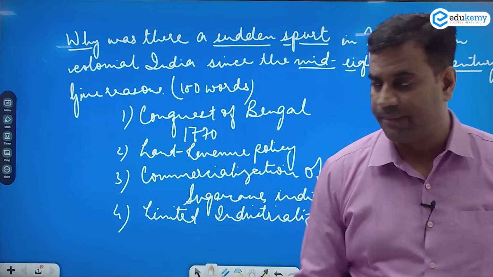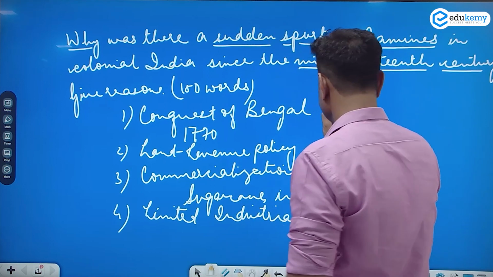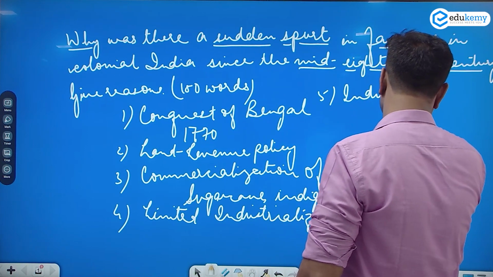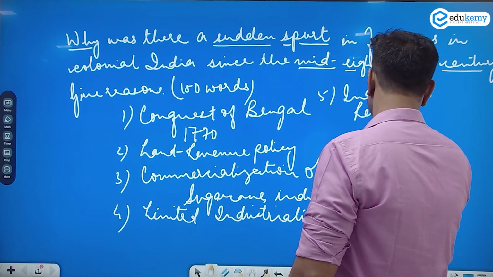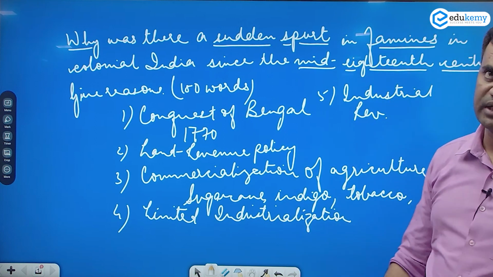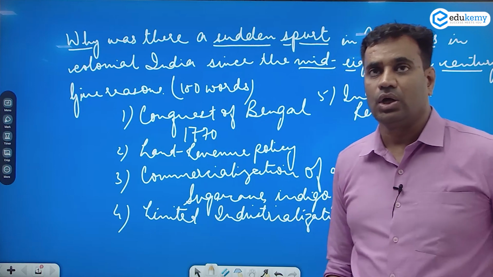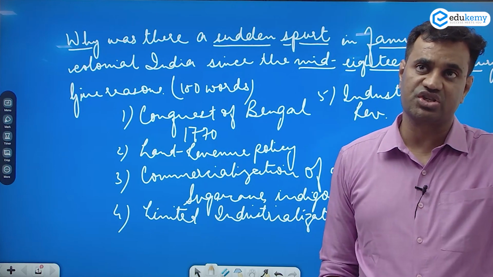At the same time, the industrial revolution in Britain also led to famines in India. The industrial revolution in Britain started by the middle of the 18th century, whereby India was expected to supply raw cotton to feed the industries of Britain.